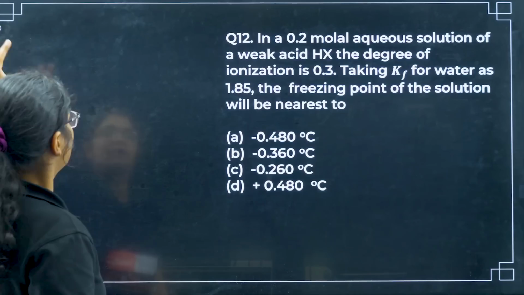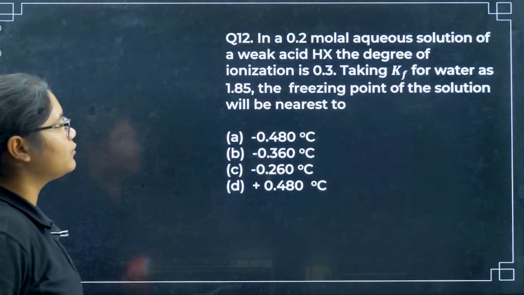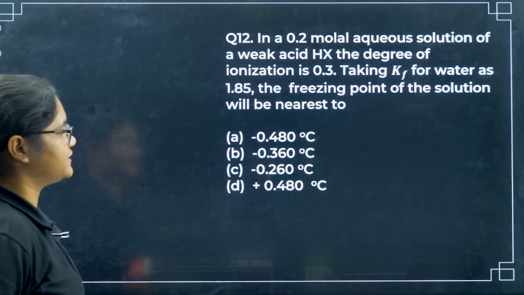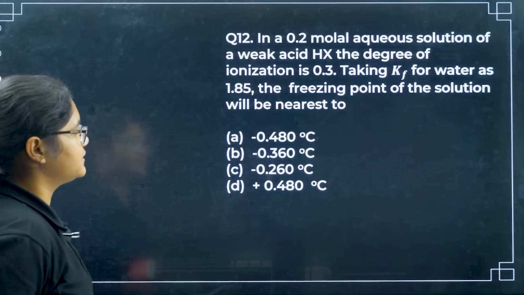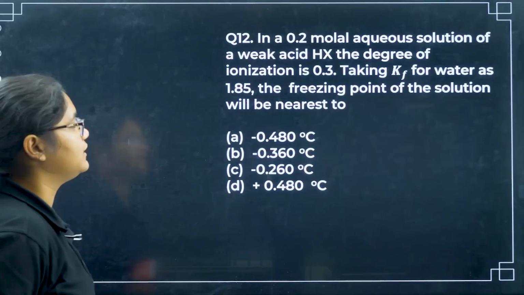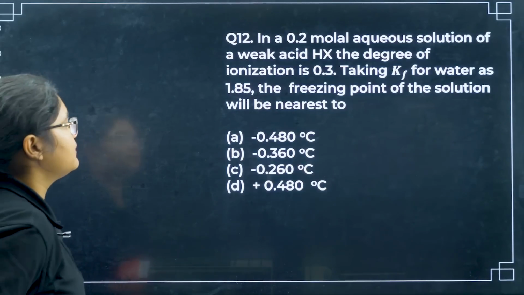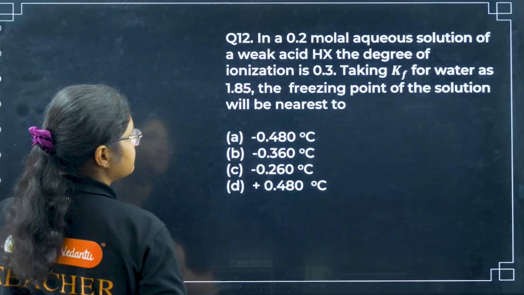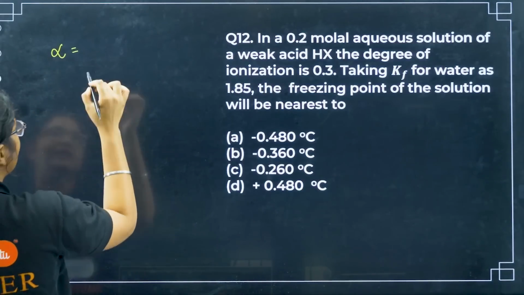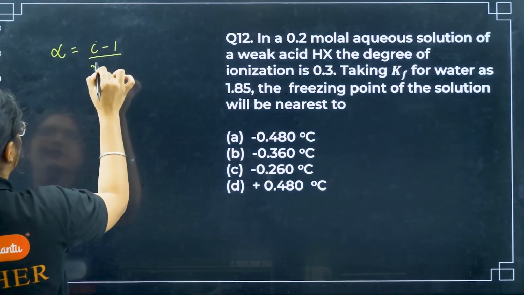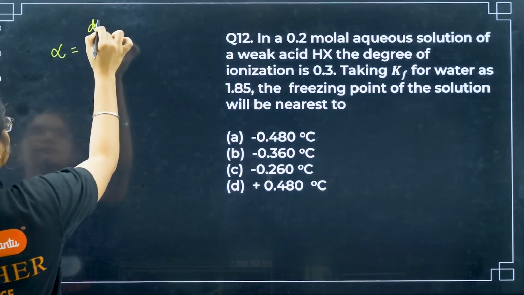Okay. Next, in a 0.2 molar aqueous solution of weak acid HX, the degree of ionization is given. Taking Kf for water as this much, the freezing point of the solution will be nearest to. We have been given the degree of ionization, right? If I want to find the value of the Van 't Hoff factor, alpha is i minus 1 by n minus 1 for dissociation, right?